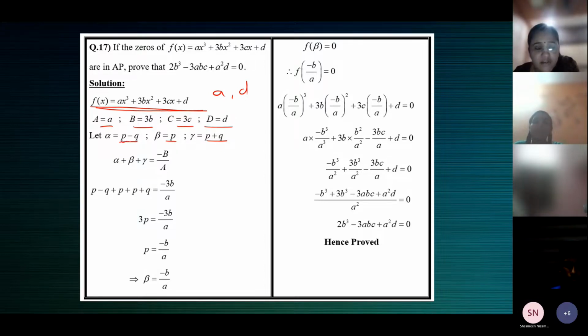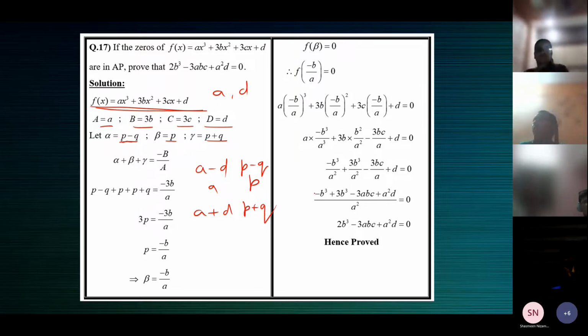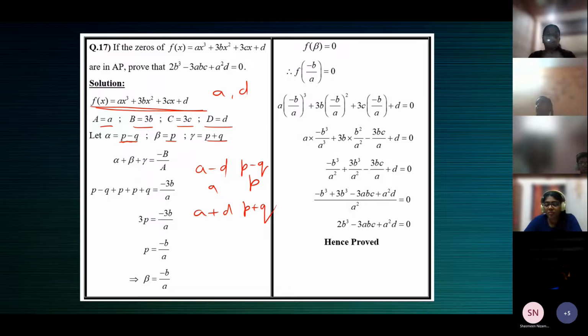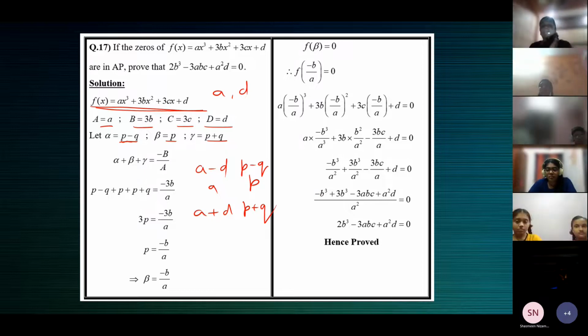So instead of a minus d, a and a plus d, I've used p minus q, p and p plus q.